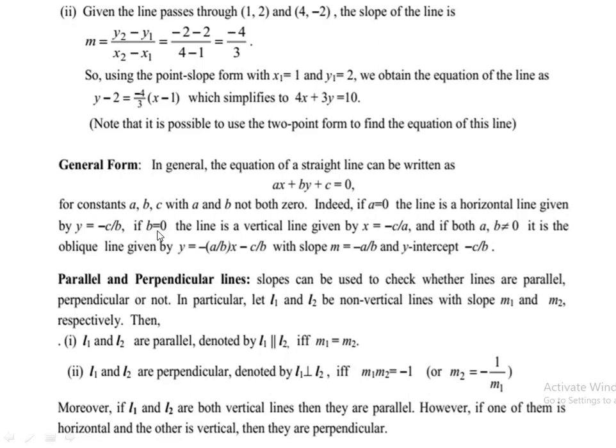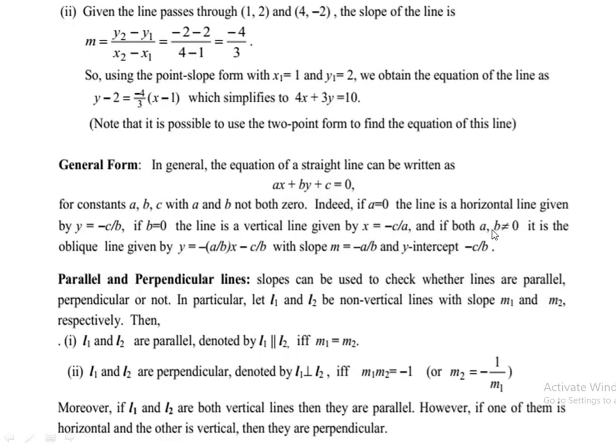If b is equal to 0, then we obtain the vertical line, which is given as x equals minus c over a. Why? Here, since b is 0, we are left with ax plus c equals 0. Then by rearranging, we have x equals minus c over a, which is the vertical line.